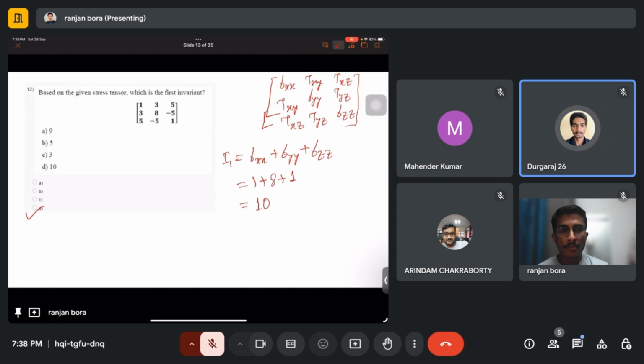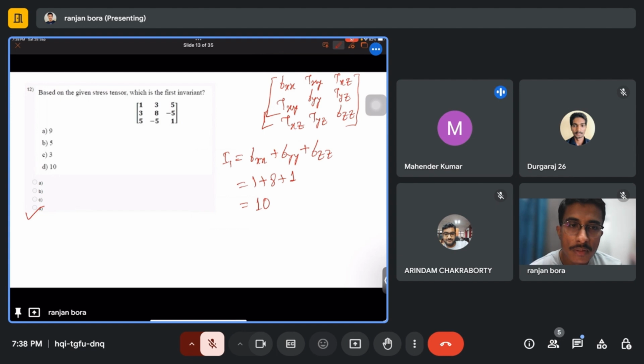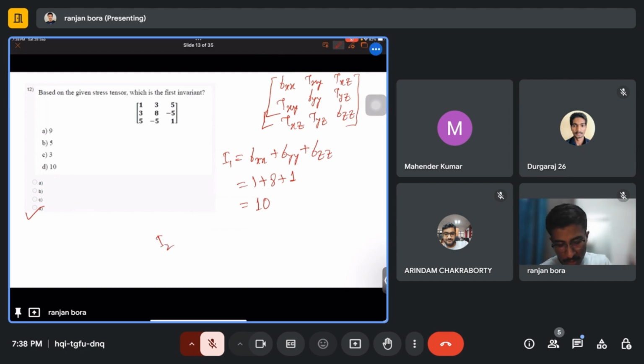Yes, sir. Okay. If we change the position, we have to get the second invariant with that. Sorry, I didn't get your question. If we change the position, which is the second invariant? The second invariant is, these formulas are already there in the slides.